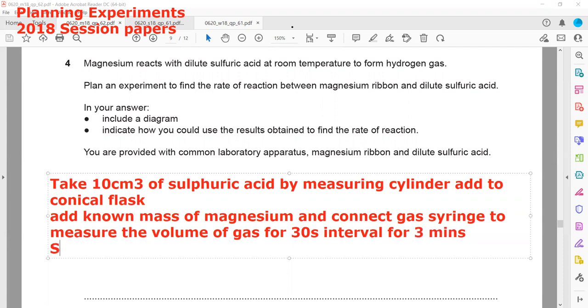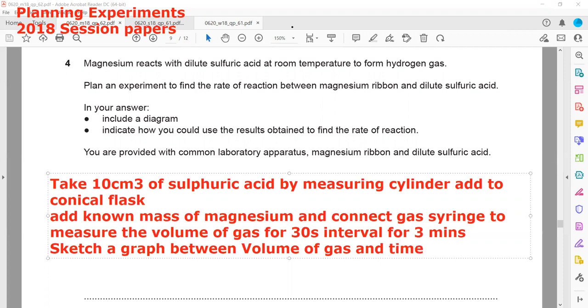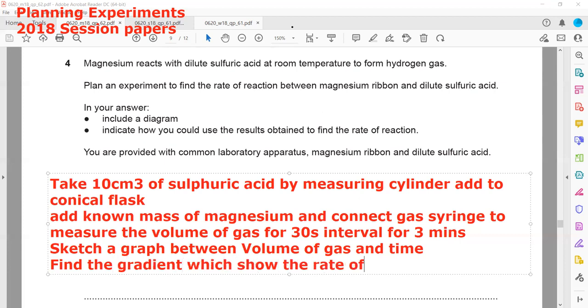Then we'll sketch a graph between volume of the gas on the y-axis and time on the x-axis, and find the gradient which shows the rate of reaction. So we can work out the rate of reaction by finding the gradient.